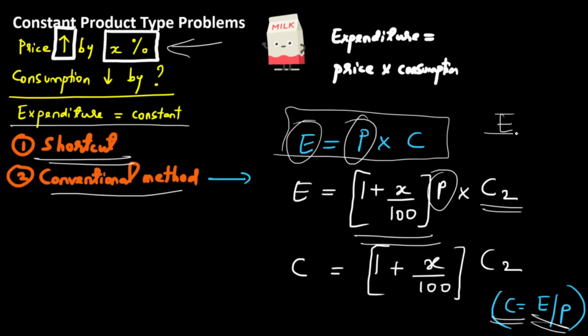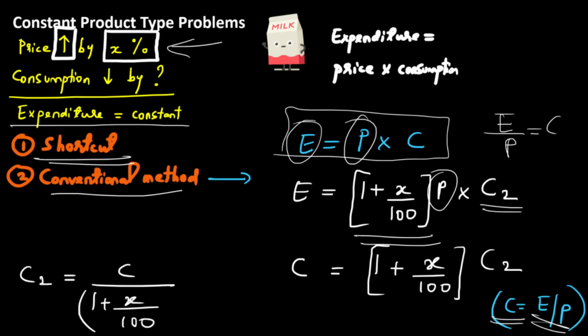E by P is equal to C. So we substitute that over here to get C is equal to 1 plus X by 100 into C2, and therefore you can say that C2 is equal to C by 1 plus X by 100, and you know X. For example, it could be 20% or it could be 25%, and using that you can find the new consumption, that is C2. But we have already discussed some interesting methods with which we can find this much faster, and we will be applying it in future practice problems.